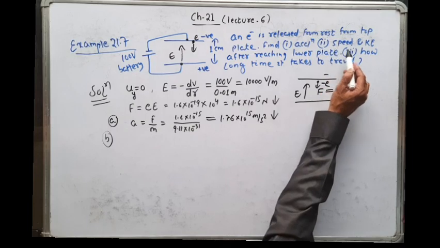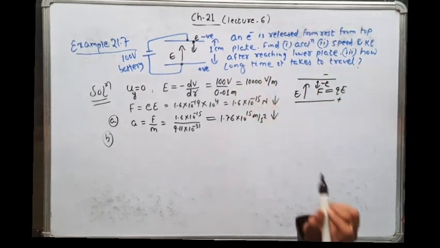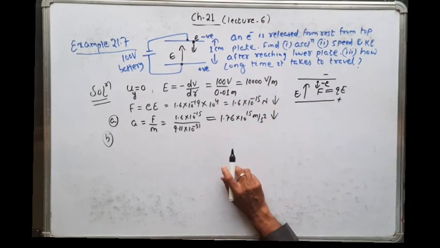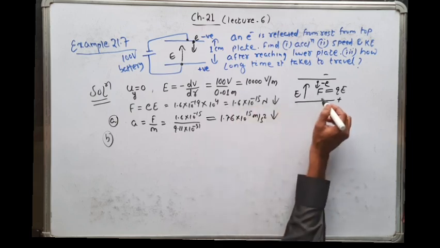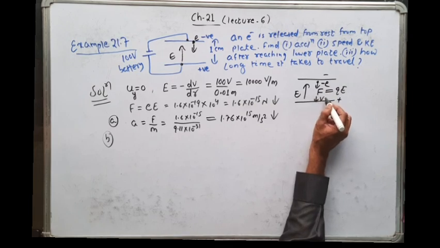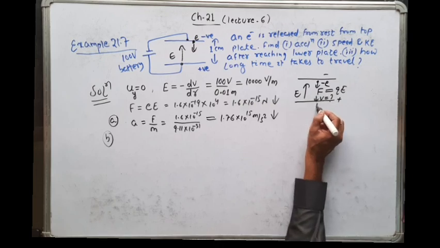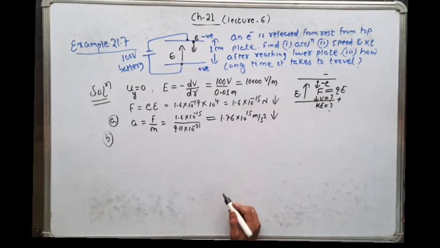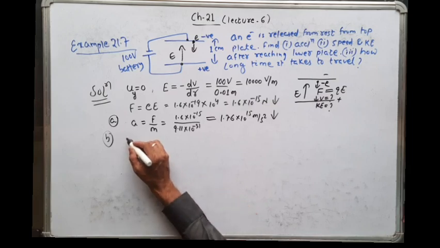Next, the second part. What is the second part? Speed and kinetic energy after reaching the lower plate. After reaching the lower plate, what will be the kinetic energy and what will be the speed of the particle? So here we have to calculate the speed of the electron and the kinetic energy at the bottom. Now we have already read about the work energy theorem.